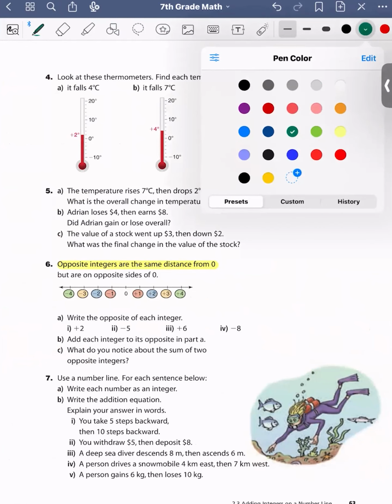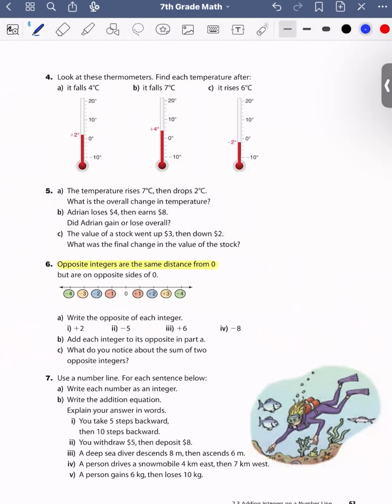Just to remind you, opposite integers are the same distance from 0, but they are on opposite sides of 0 on the number line. For example, plus 1 and negative 1 are opposite integers because they are 1 unit away from 0, but towards the opposite direction.